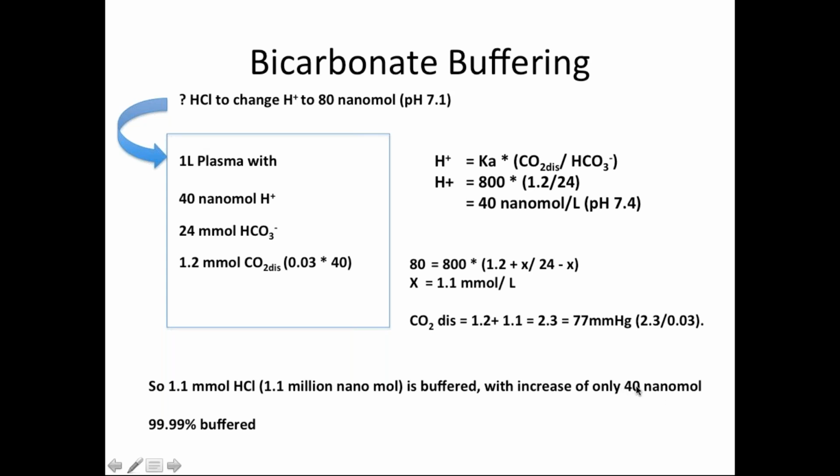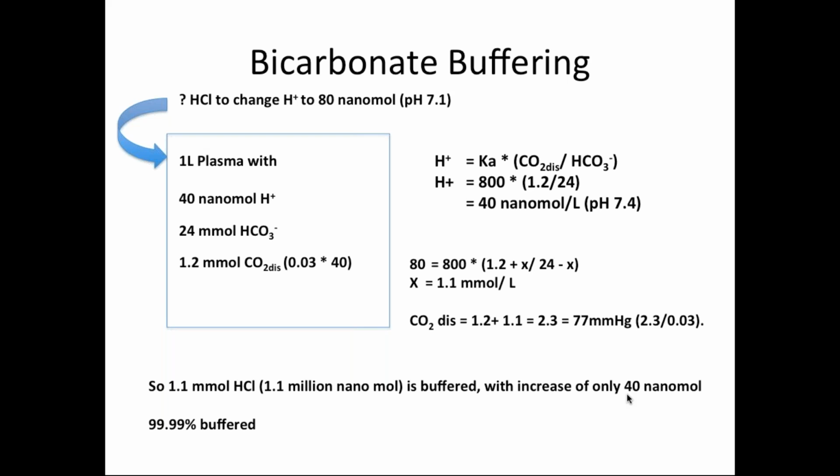Was 80 nanomoles, sorry. And so again, the buffering is excellent, at more than 99% for this. However, with 1 millimole per liter addition of H plus, the pH dropped from 7.4 to 7.1. So even though it's very good buffering, it is still not good enough for the human body.